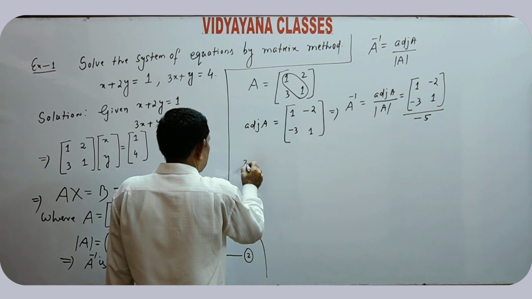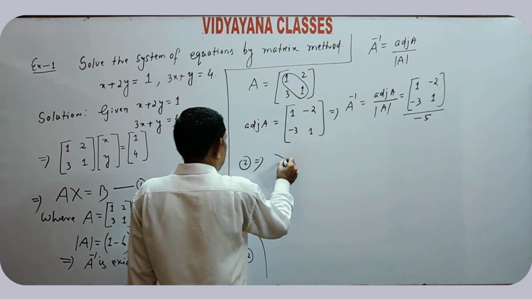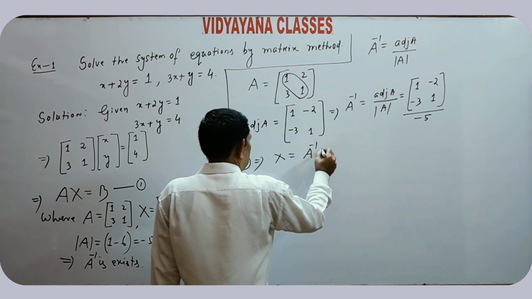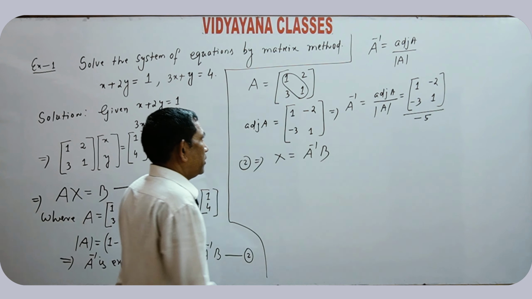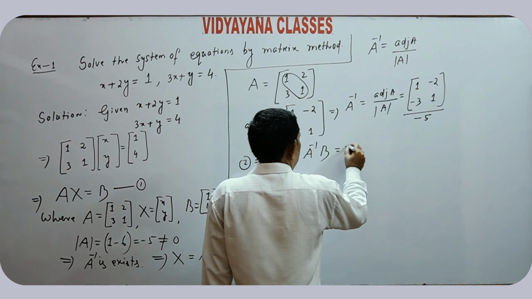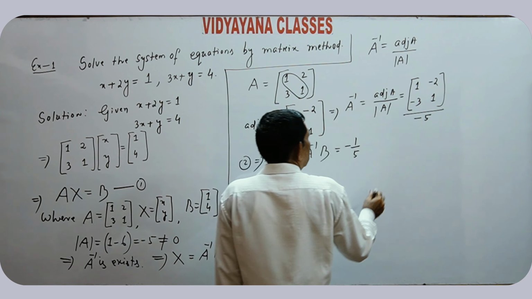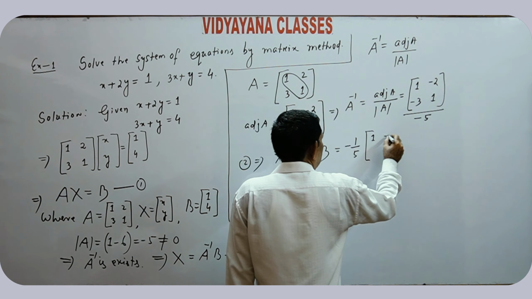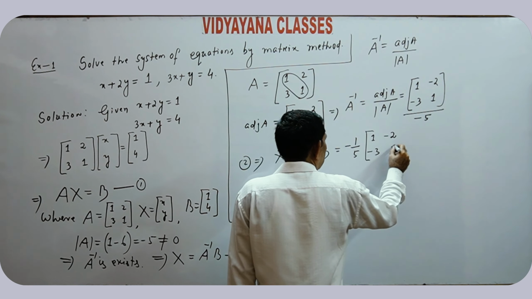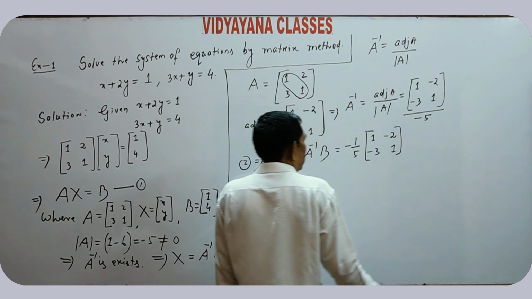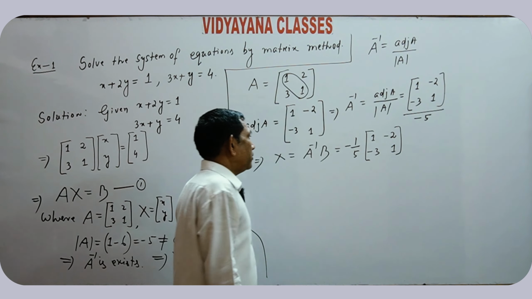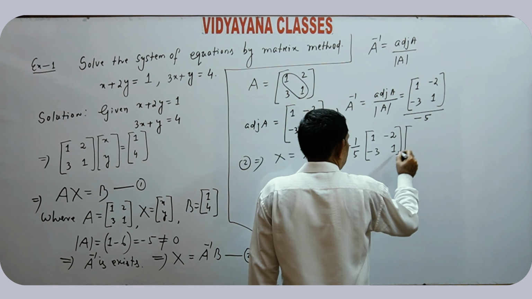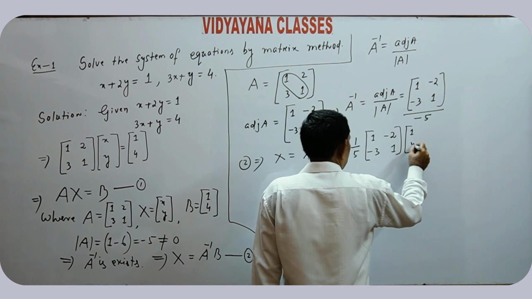Equation 2 implies this: capital X is equal to A inverse into B. It is given by minus 1 by 5, matrix having elements 1, minus 2, minus 3, 1 into B. What is B? Matrix having elements 1, 4.